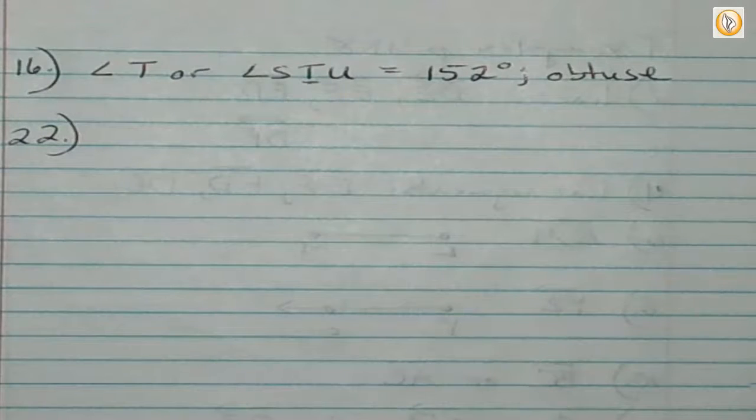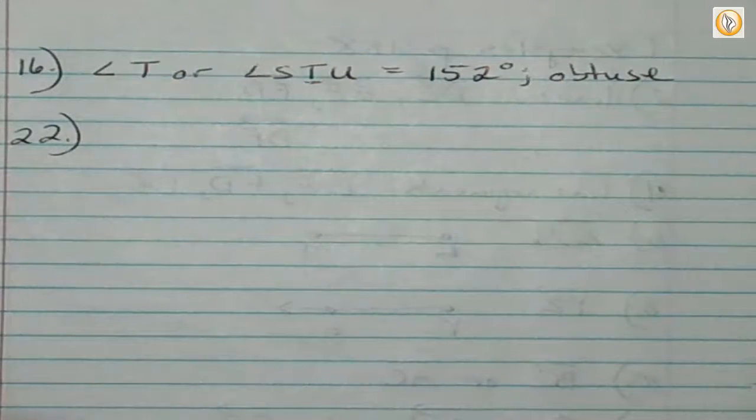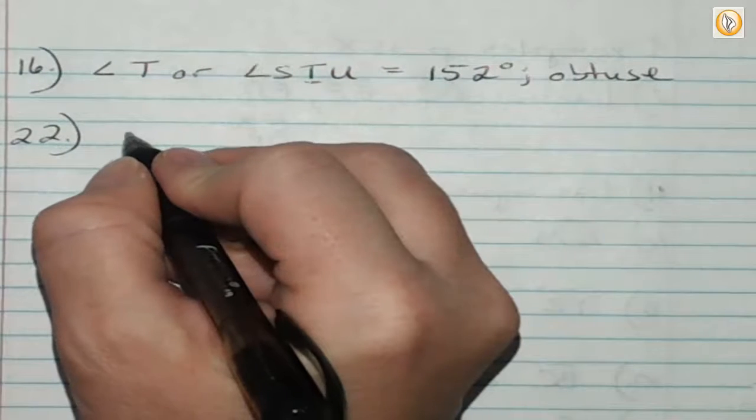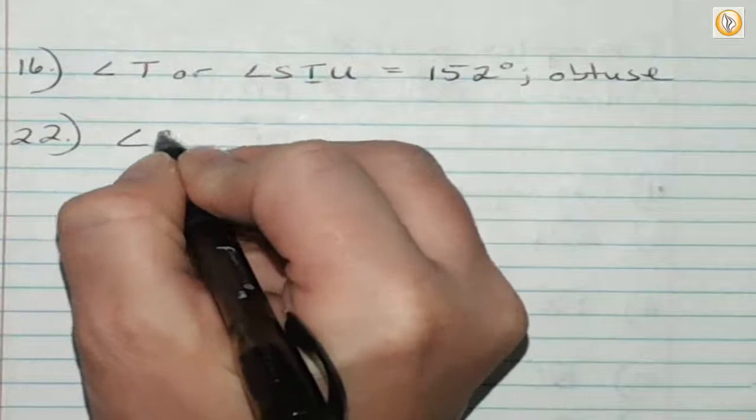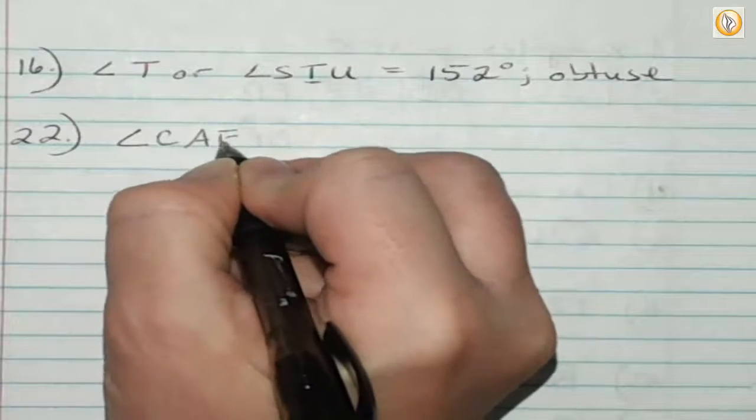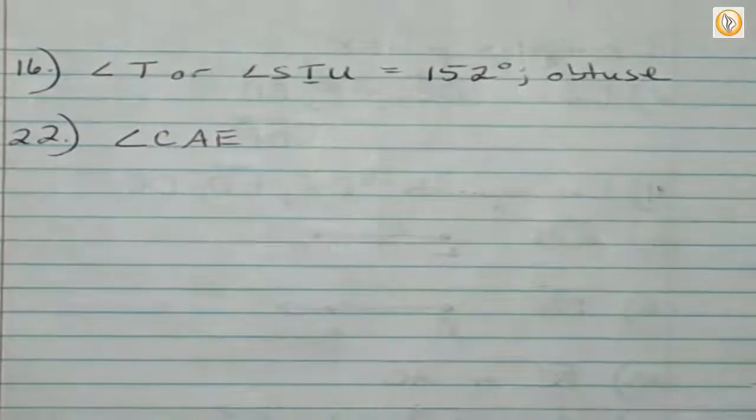All right, 22. It says find the measure of the following angles using a protractor. 22 is angle CAE. So find CAE on there, and let's see who gets the closest.